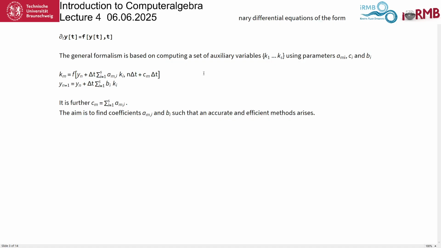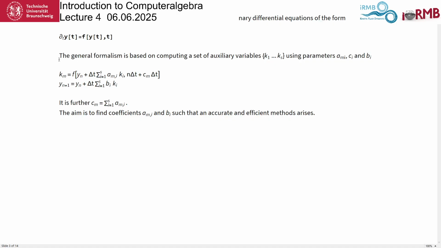Now this is being solved through so-called auxiliary variables that we call k1 till ks, where you have parameters with two indices, a_mi, and two other parameters with just one index, c_i and b_i.